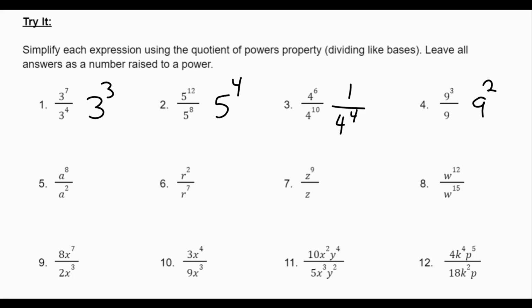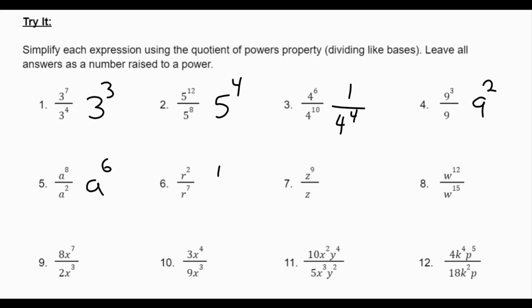Number 5, we now have variables. We're going to do exactly the same thing we did when the base was just a number. So remember, the variable is a base. So a to the 8th divided by a squared. 8 minus 2 would be a to the 6th power. Number 6, r squared divided by r to the 7th. 2 minus 7 is negative 5, so the 5 would be in the denominator.